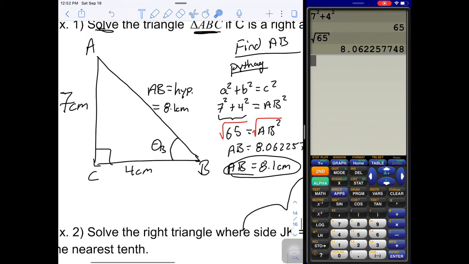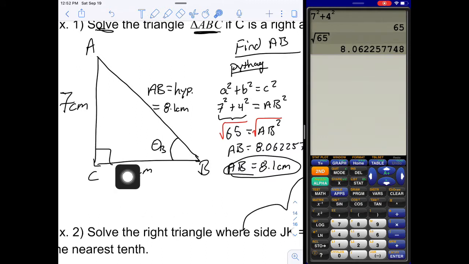Recognize if I'm ever going to use this 8.1 in a calculation, I need to use the non-rounded value, which is found here. So it's always good to try and just use the numbers you were given, because they're not rounded. If you use rounded values, you're going to get the wrong answers. So if I were to use 8.1, I actually have to use 8.062257748. So to work around that, I'm going to just use 7 and 4.